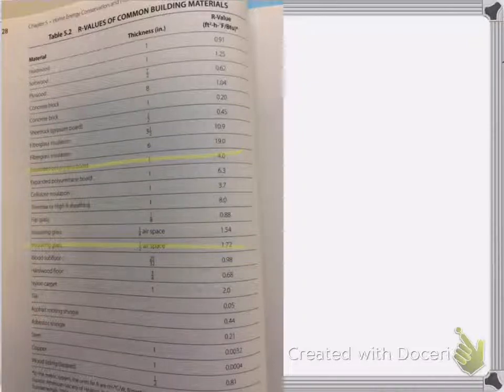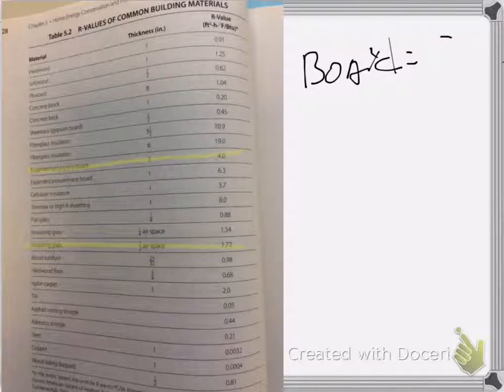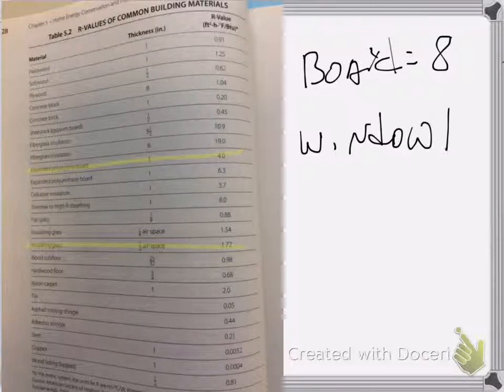And my insulated window, or my double pane window, is 1.72. So my polystyrene board is only 1 inch, so I've got to double it for 2, and so my board is going to be 8, and my insulated window, my window, is going to be 1.72.